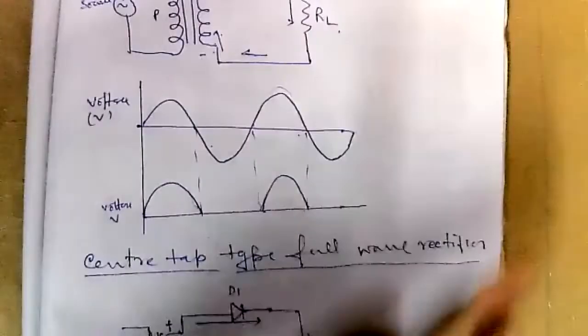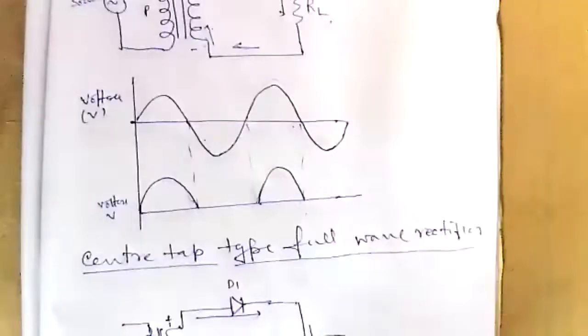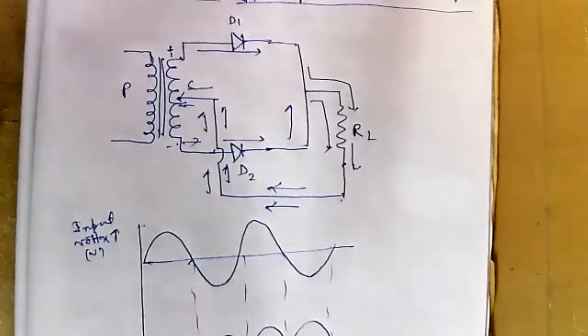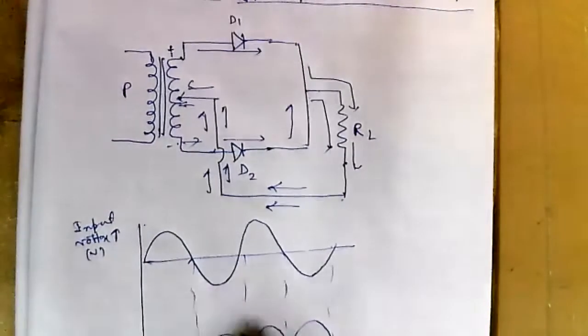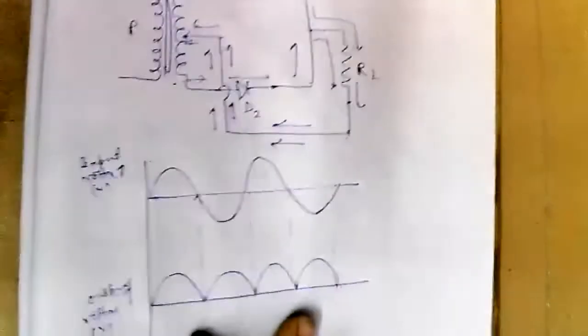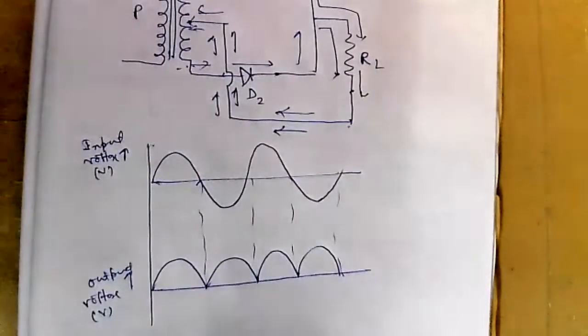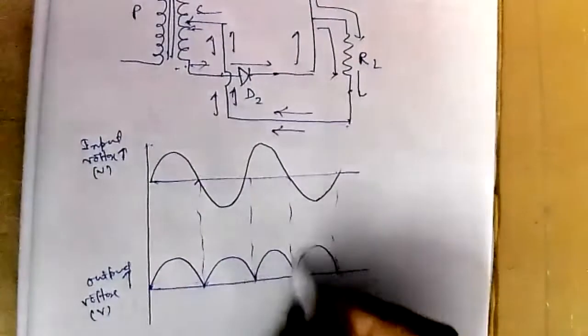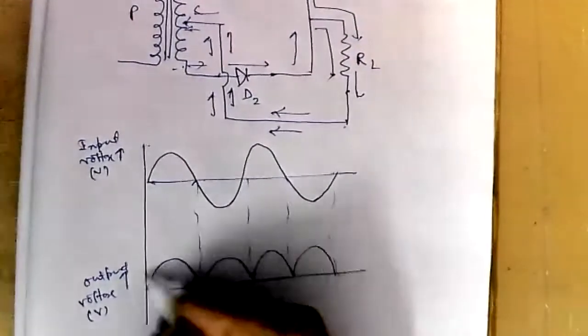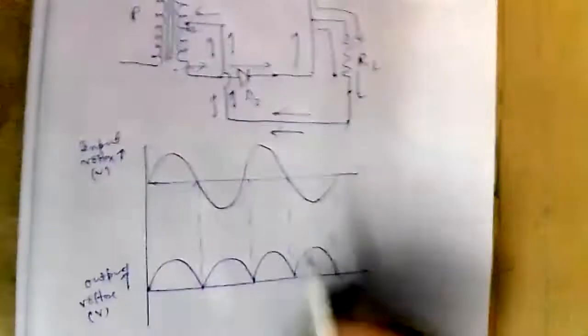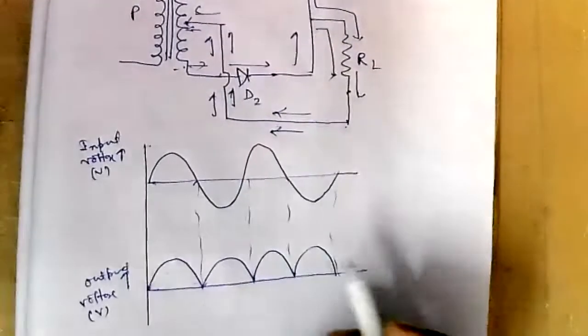In the previous case, the lower half was only blocked, but here the lower half has been converted into the opposite direction. So this is called full wave rectification. Here the fluctuation is there, but the fluctuation is lower than the half wave rectifier. And here you are getting much more energy.